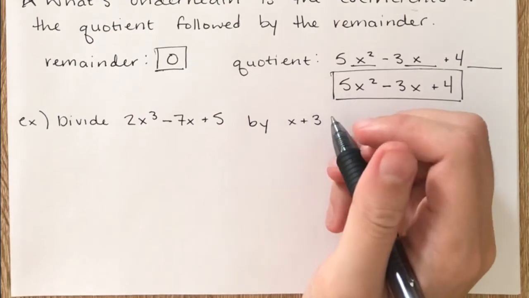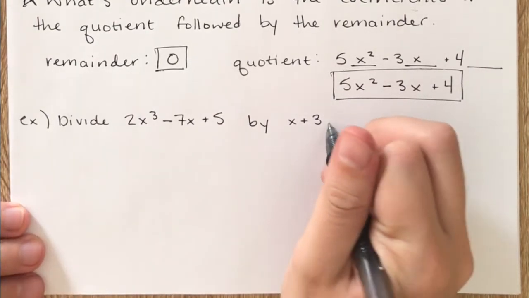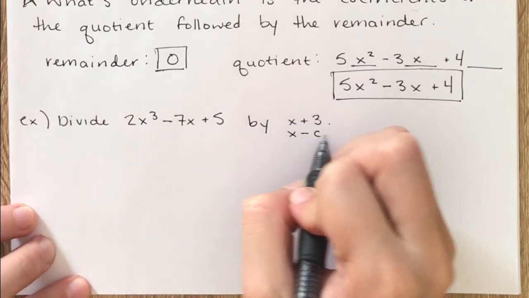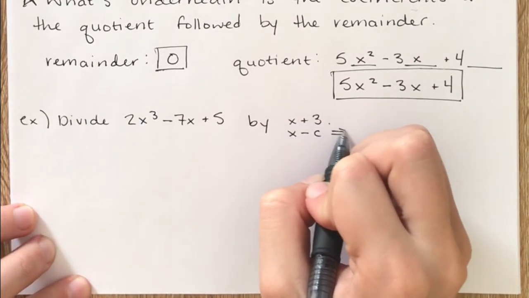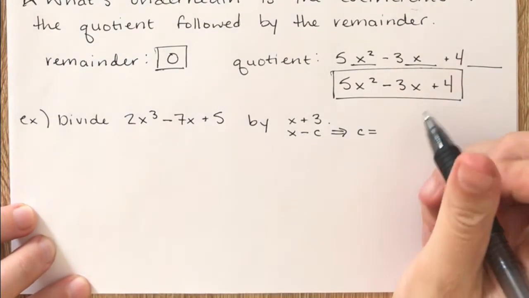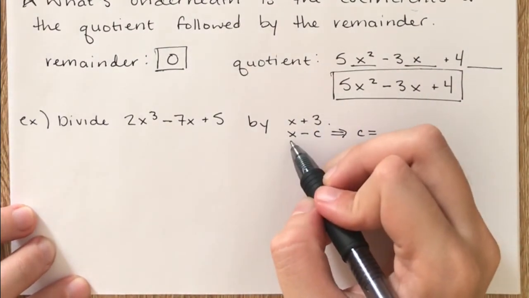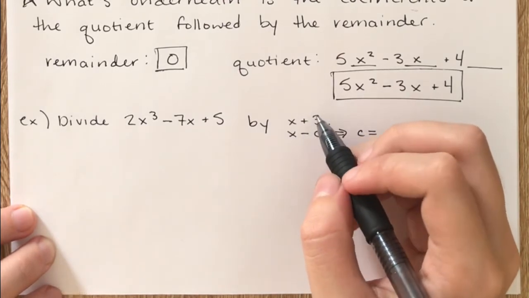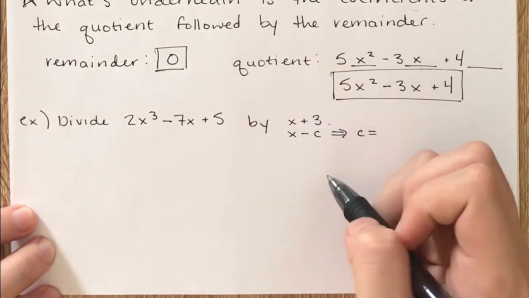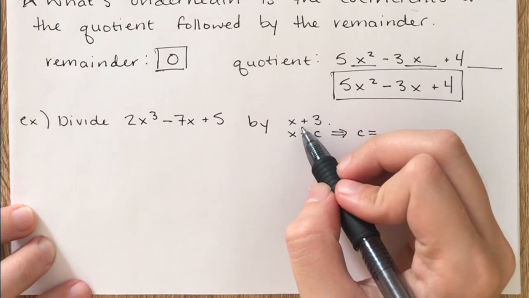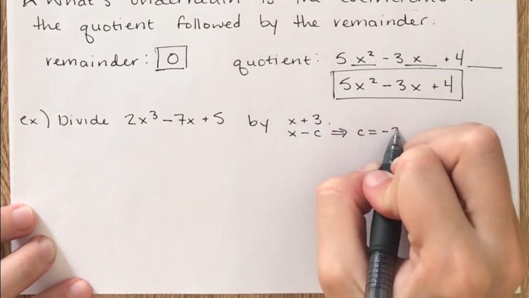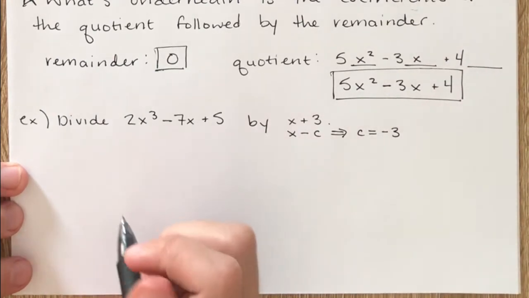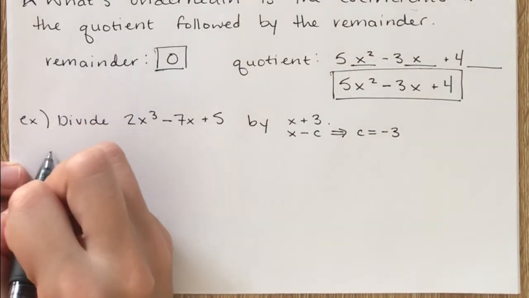We can totally use synthetic division here. We have x plus 3, which looks like x minus c, but what is c? Remember what we said last time. It's like looking at a factor and finding the root. If we had a factor of x plus 3, it would mean we have a root of negative 3. We have to switch the sign. So here, my c value is negative 3. Let's set this up.